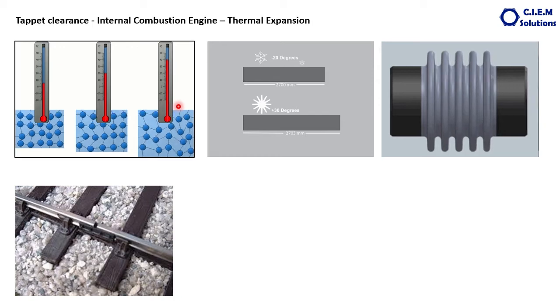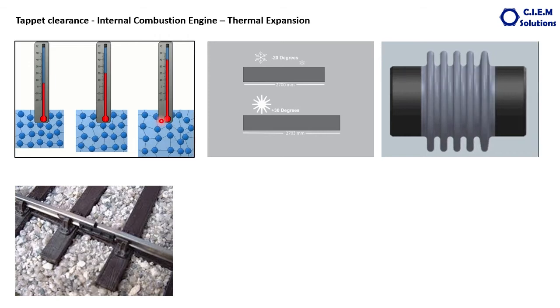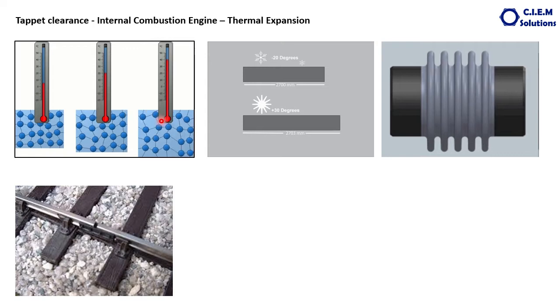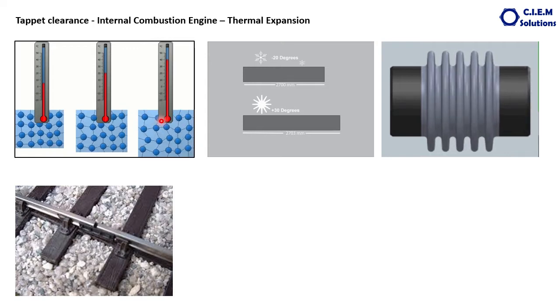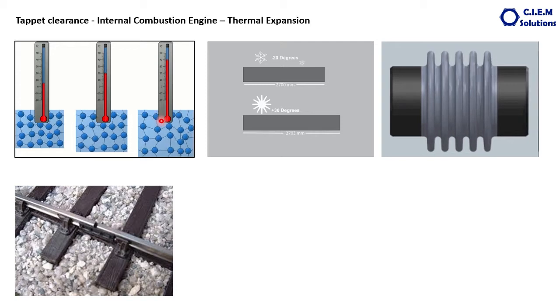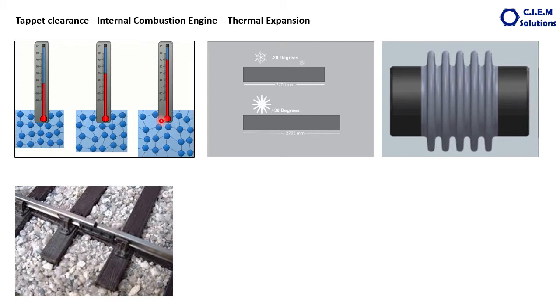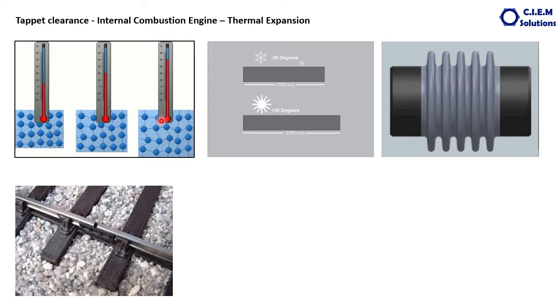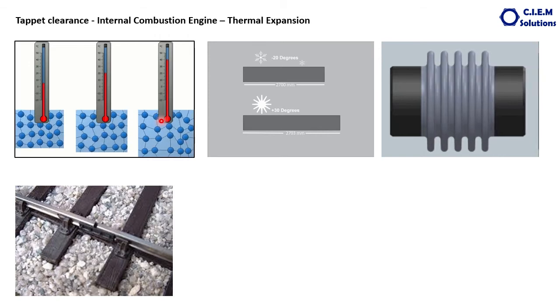The next point is that all metals do not expand equally with the change in temperature. The rate of expansion will be different from metal to metal, which is called the coefficient of expansion. The amount of expansion depends on the nature of the metal, which is called the coefficient of expansion.